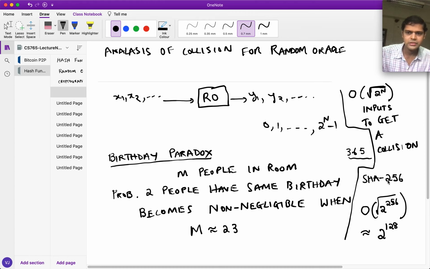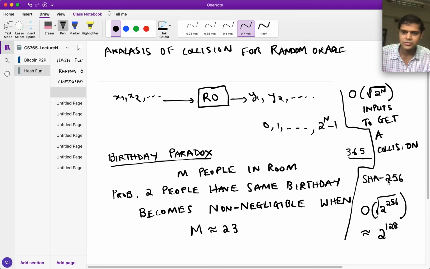So there's still a question mark about real hash functions like SHA and so on, because they don't really generate random numbers like the random oracle. They are purely deterministic functions, and maybe somebody will in the future be able to find collisions for the SHA function quite easily. You never know, right? And then Bitcoin would be in trouble, right? So cryptography, of course, assumes that certain constructions are well done.